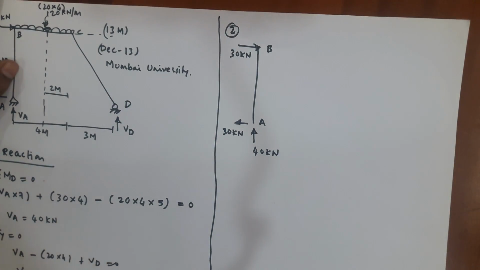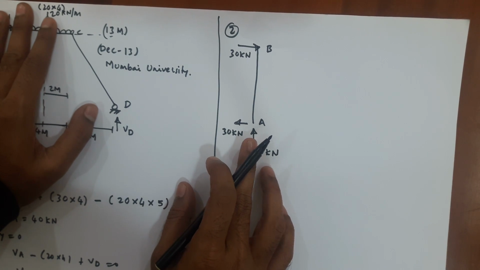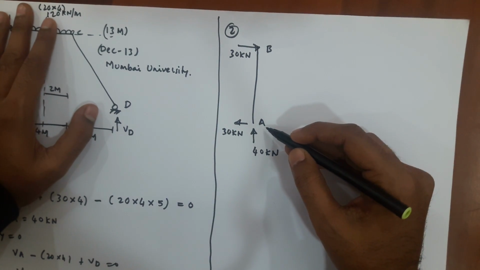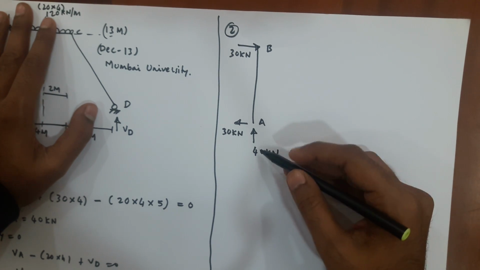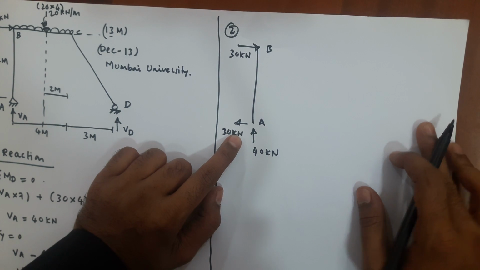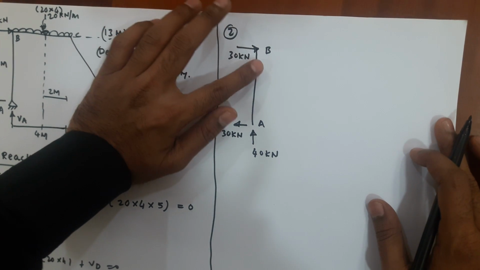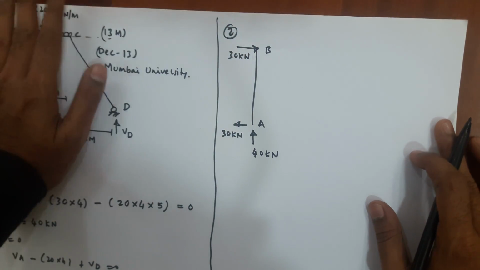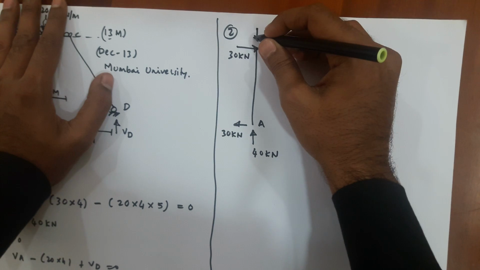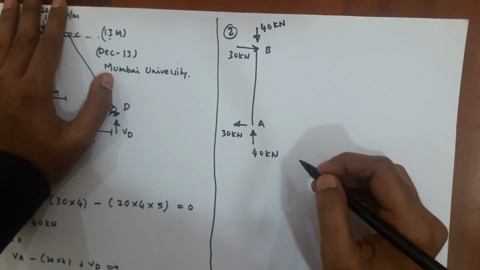Now we have to make this member in equilibrium. We know the vertical and horizontal reactions at point A. In the same way, we need to find the vertical and horizontal reactions at point B. Vertical reaction here is upward, so this has to be downward in order to have equilibrium in the vertical direction.